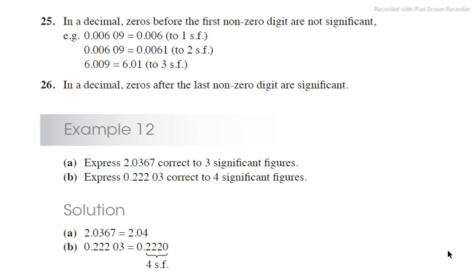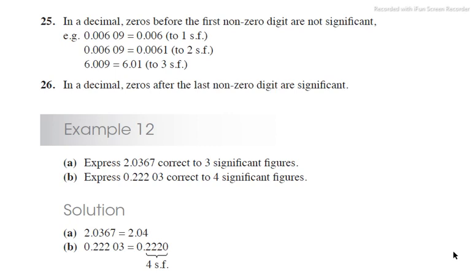So in that we shall have 3 significant figures, that is 609. And we are told to express this to 1 significant figure, meaning we are rounding off to the nearest hundredths, which leaves us with 0.006. That is 1 significant figure, because we are not considering the first 2 zeros after the decimal point.